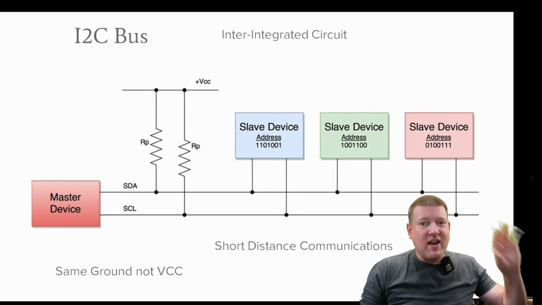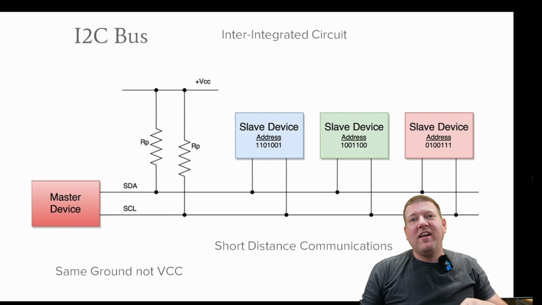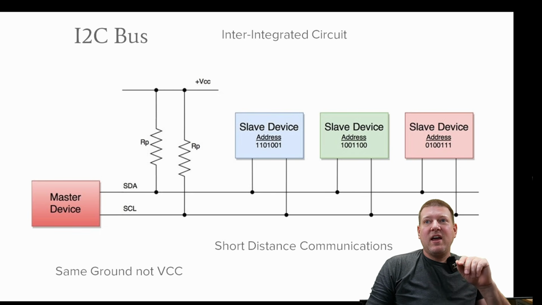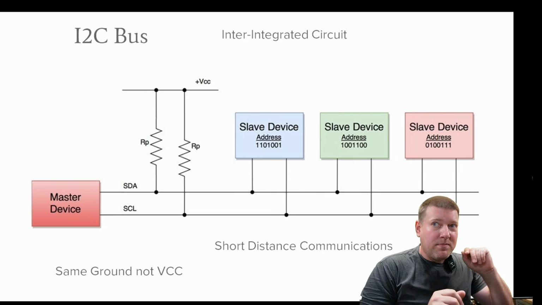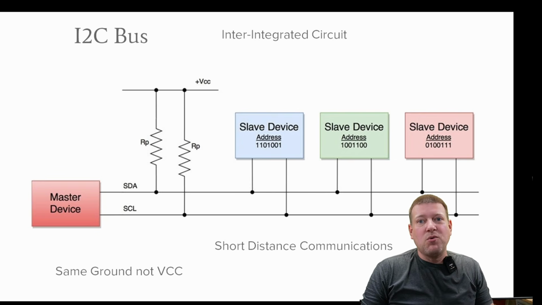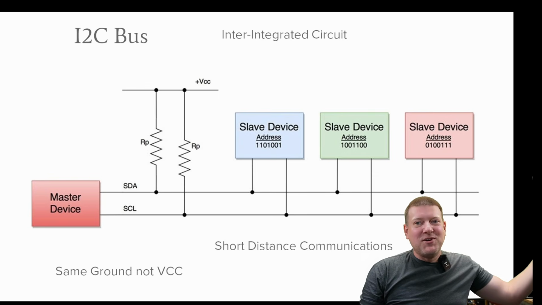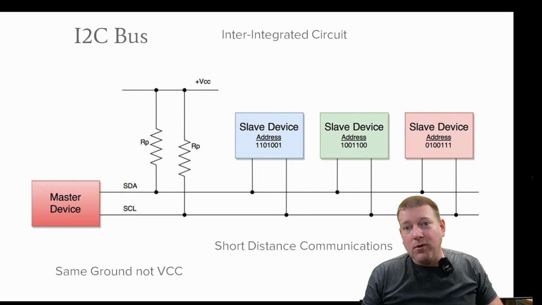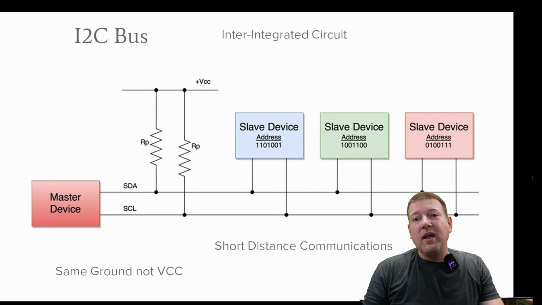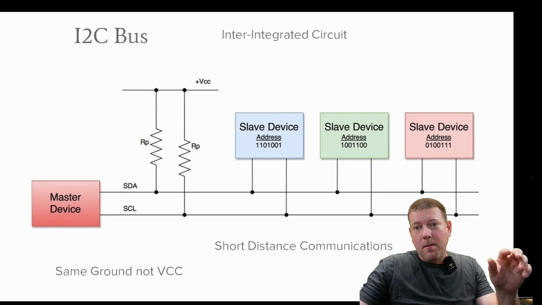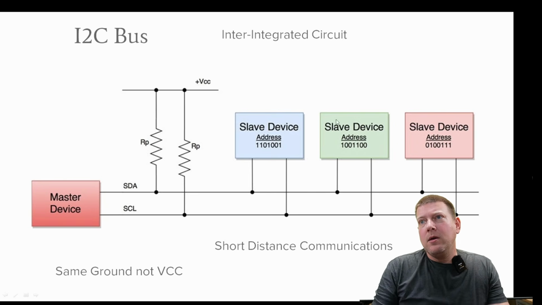Says, hey, I'm talking here. And that's when it says 1101001, here's for you. And then it's 10011000, this is for you, and this for you, and this for you. So an address is given, and then the data goes across.